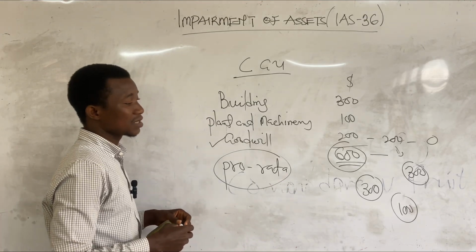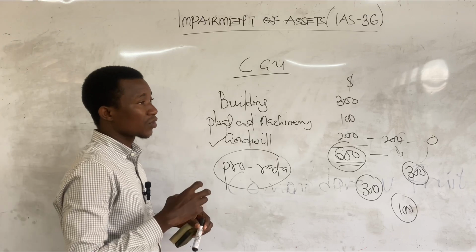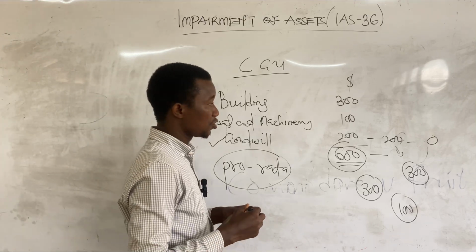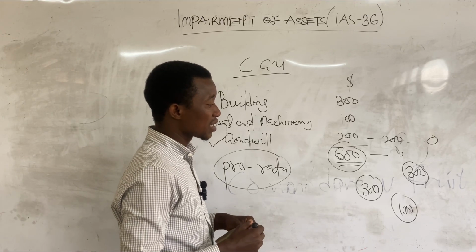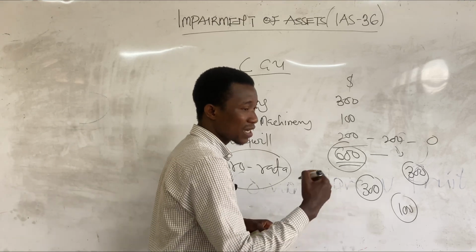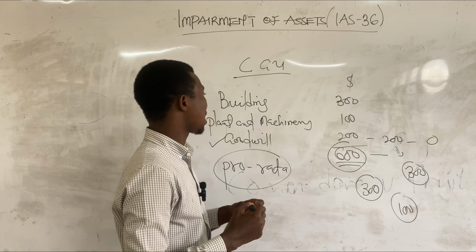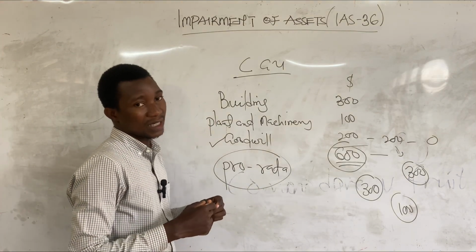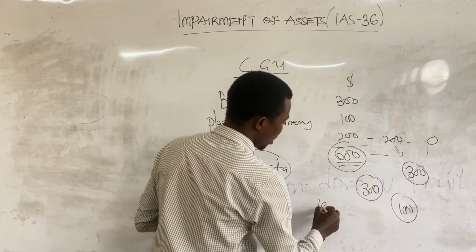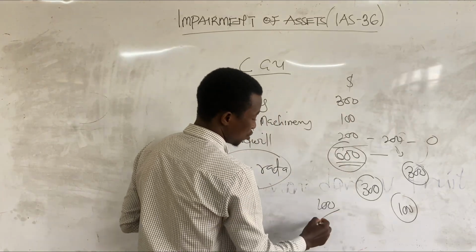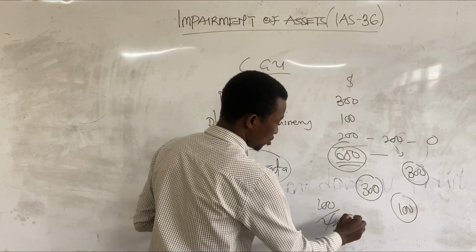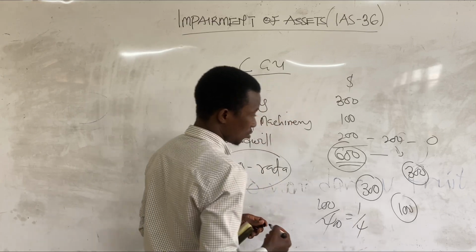Okay, the pro rata basis has to do with either we do it in a fraction form or in a ratio form. To do that, we have to take the remaining impairment loss over the total tangible non-current assets remaining. So we have 100 over 400, which will give us 1:4.